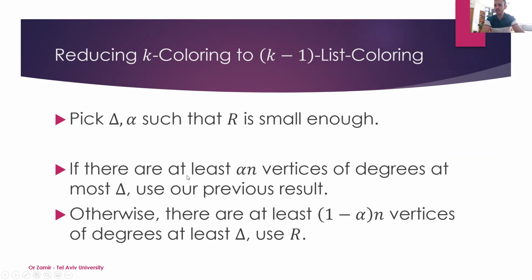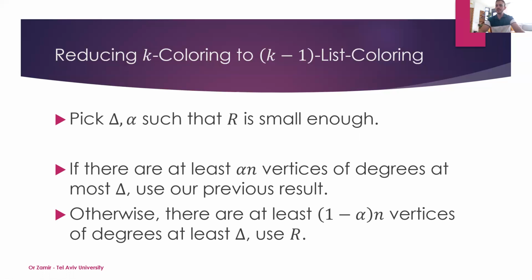But if this is the case, then I have an exponential improvement using our general result. Because if I have any constant alpha fraction of vertices of degrees bounded by any constant delta, then our previous result already gives an exponential improvement. So I'm sorry for being a bit quick with that, but this is the simple reduction from k coloring to k minus 1 list coloring.